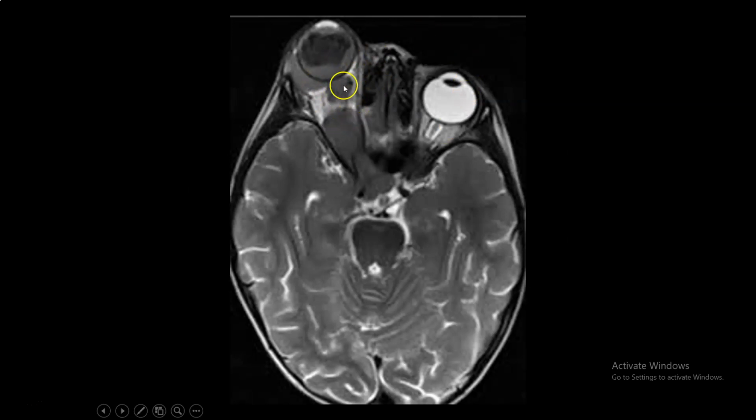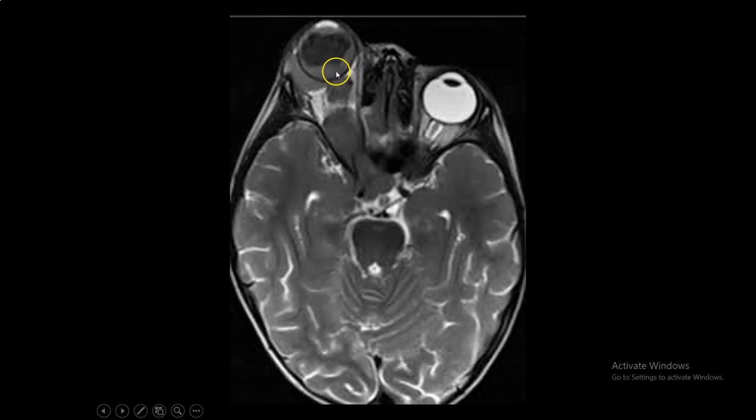So if you find a tumor in a child less than 5 years, and you find the white picture in the pupil, and you find that although it is extending outside the globe, it is still inside the globe, with part of it or all of it inside the globe, it is a retinoblastoma, and for the treatment you refer to the oncologist.